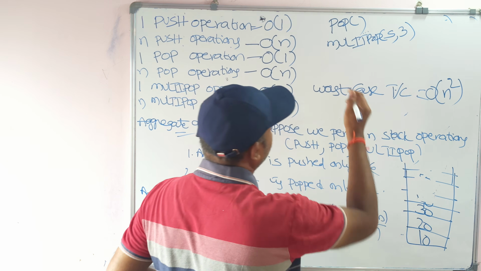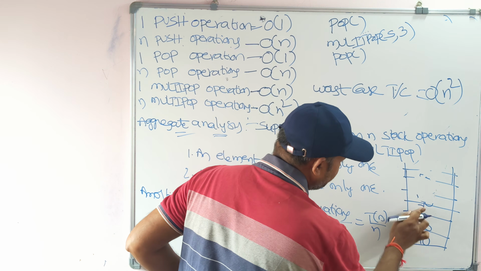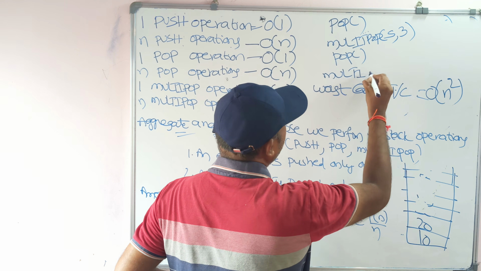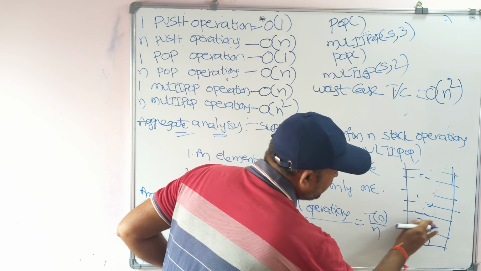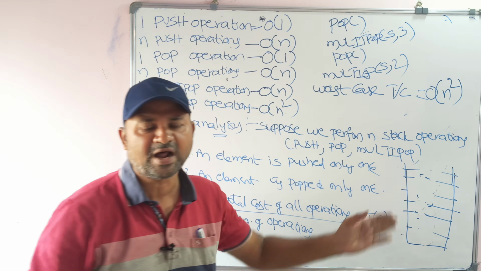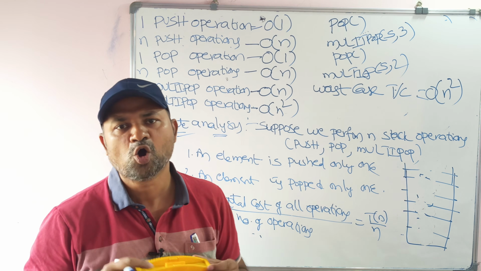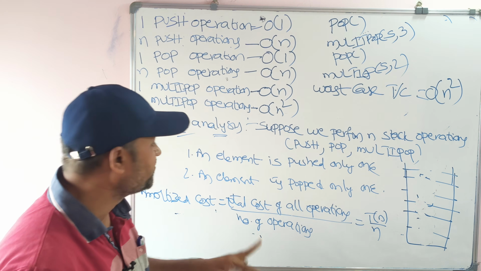Next, pop operation: the topmost element 30 will be popped. Next, multi-pop of S comma 2: the topmost 2 elements will be popped. So here, how many elements are inserted in the stack? 7 elements. How many elements are popped from the stack? 7 elements. That is the point here.